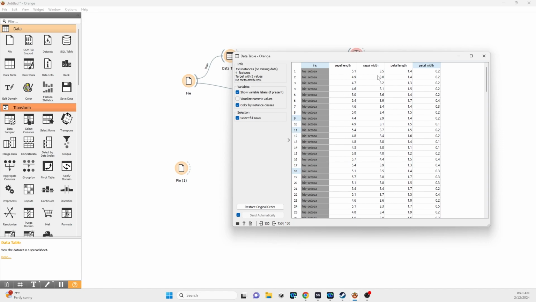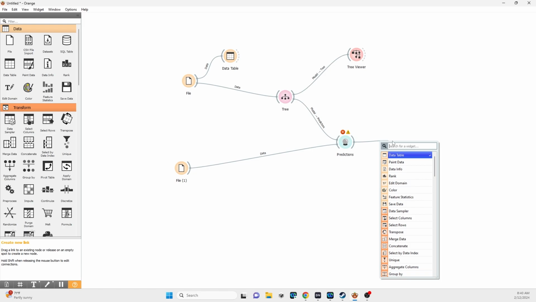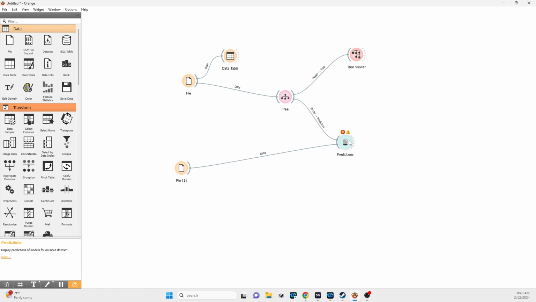And then I can take that file and feed it into the prediction. That's it. So we just feed it into the prediction.